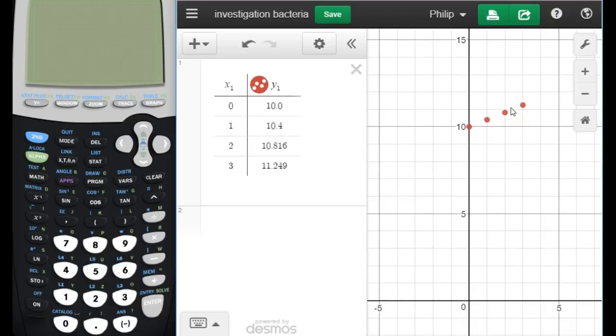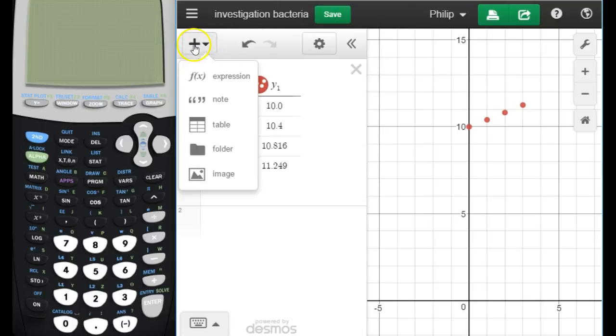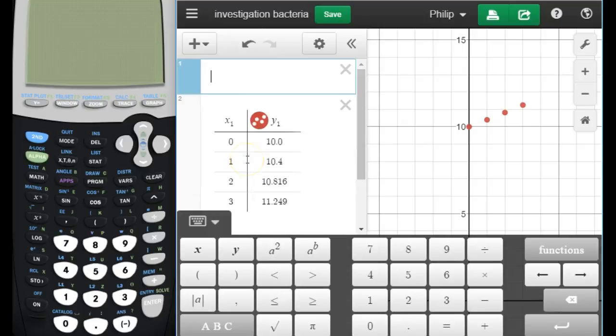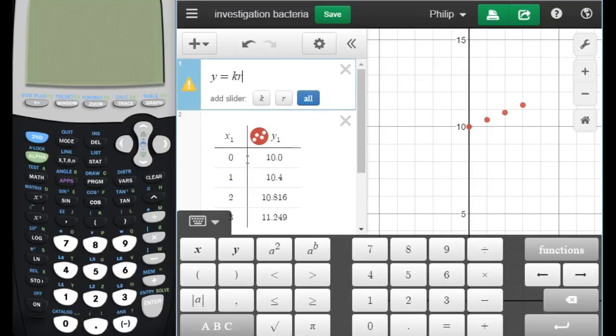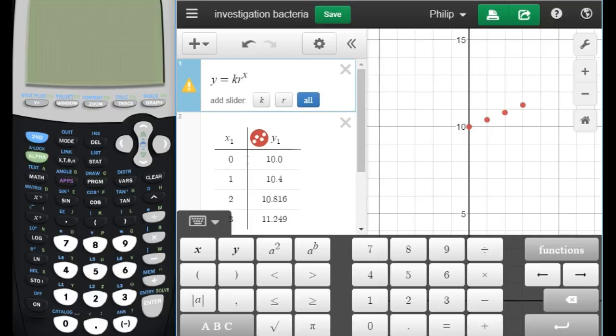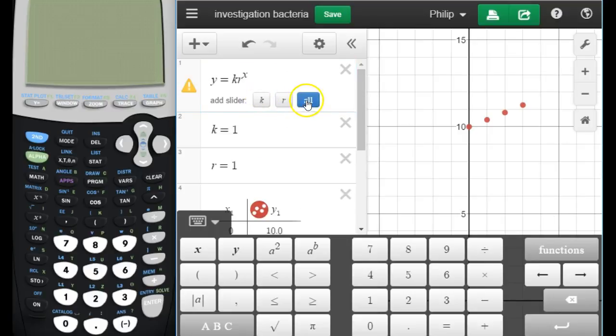Okay, let's see what the next step is. It says to type in the expression y equals kr exponent x and convert both k and r into sliders. So let's do that. We're going to do plus expression y equals kr to the x, okay, and convert both into sliders.